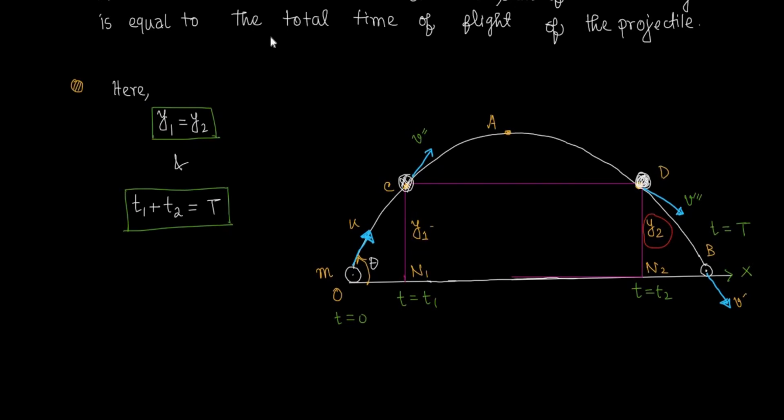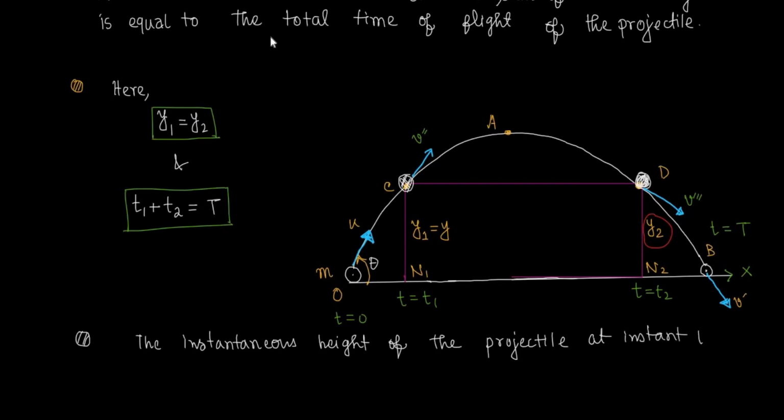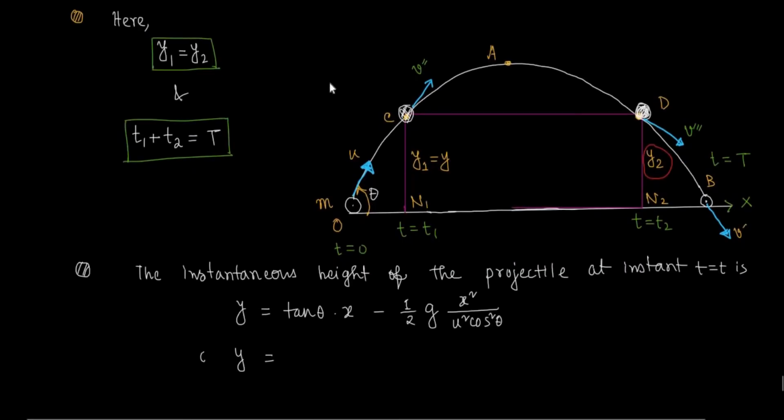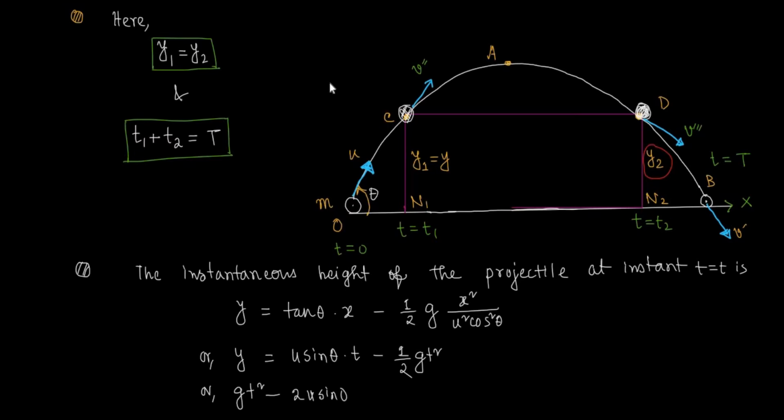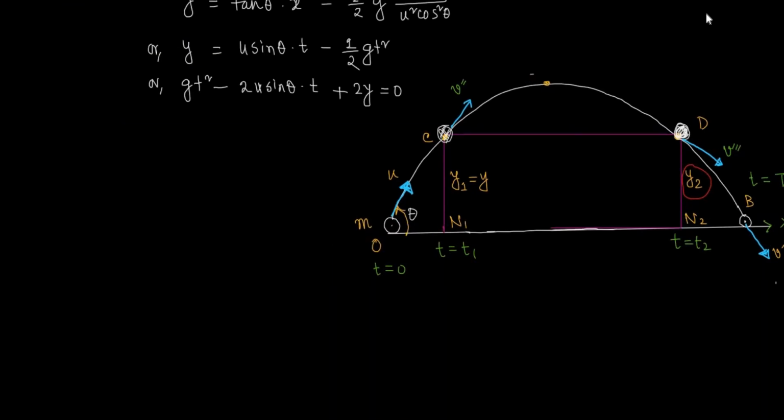Now, the instantaneous height attained by the projectile at the point C, y1, can be denoted by y. The instantaneous height of the projectile at instant t is y equal to tan theta x minus half g x square divided by u square cos square theta, or y equal to u sin theta t minus half g t square, or g t square minus 2u sin theta t plus 2y is equal to 0.